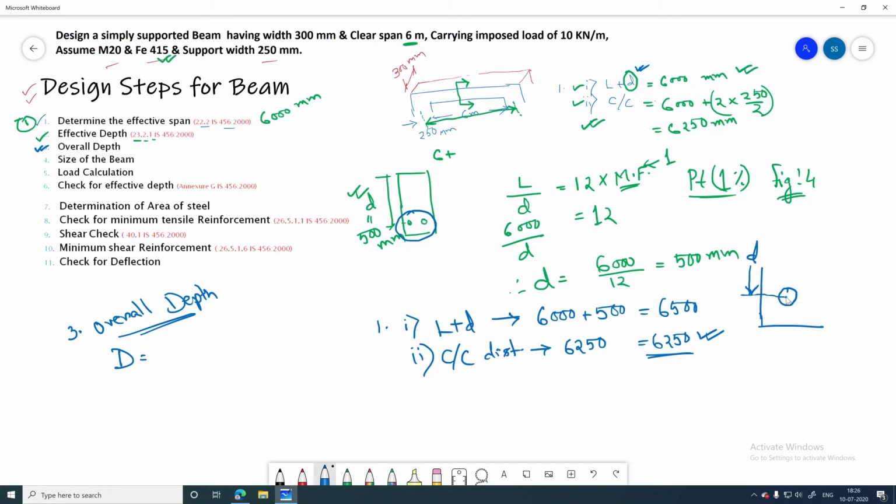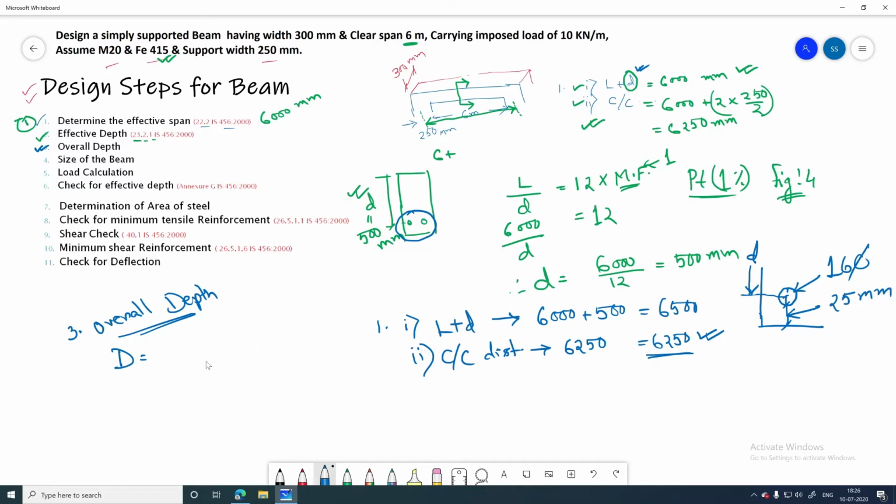But I need to add half dia of the main reinforcement and the clear cover. I considered the diameter of the reinforcement to be 16 mm, and the clear cover 25 mm.